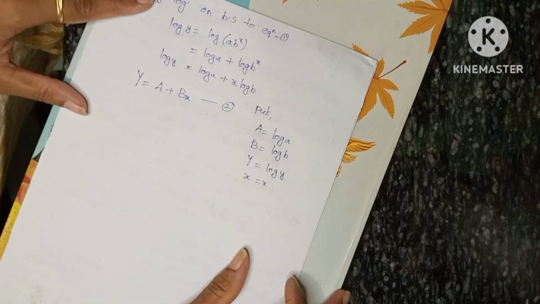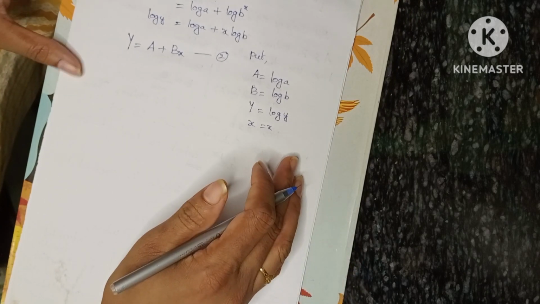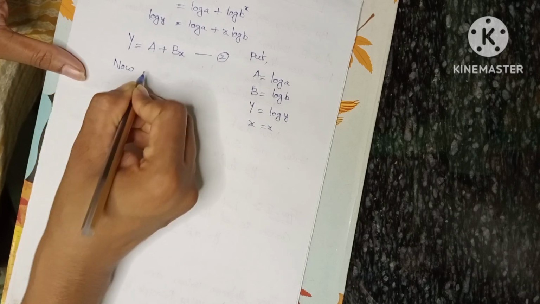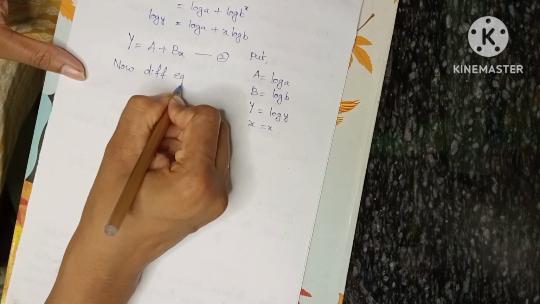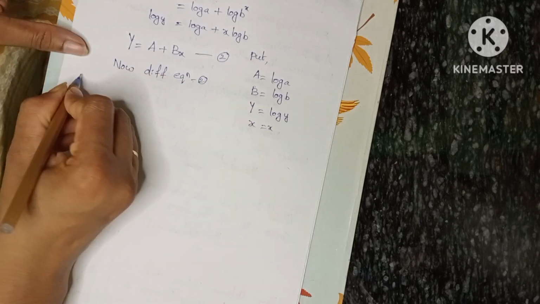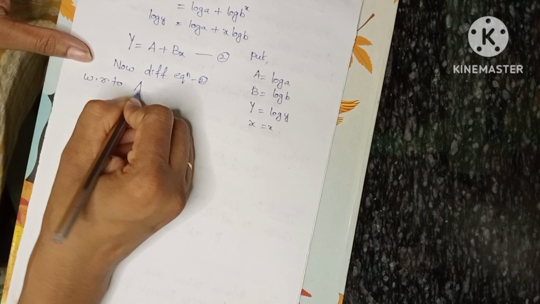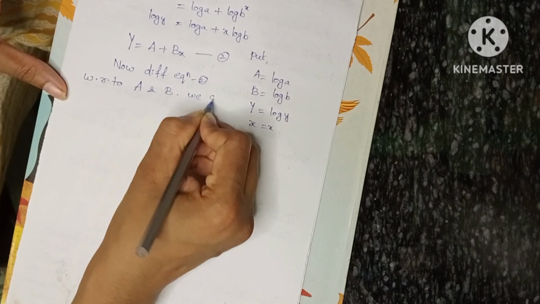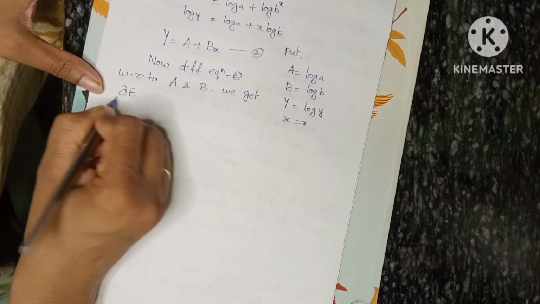Now what we have to do? We have to differentiate this equation, okay, with respect to a and b. So now differentiate equation 2 with respect to what? Capital A and capital B. So we get two equations.